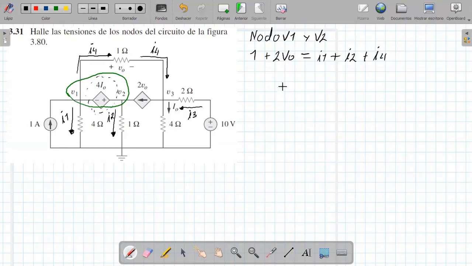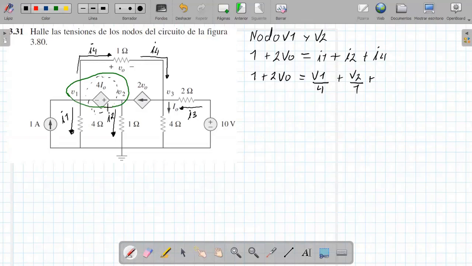We can now do the node analysis. So 1 plus 2 times V sub 0 will equal the current I1, which is the voltage V1 over 4, plus the current I2, which is V2 over 1, plus the current I4.